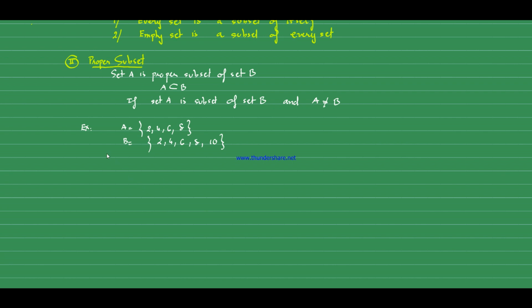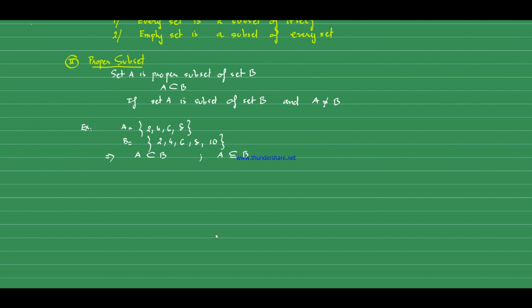So over here we can write that set A is a proper subset of set B, or we can also write that set A is a subset of set B.